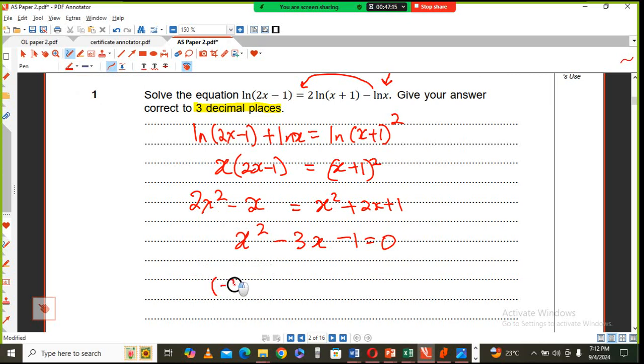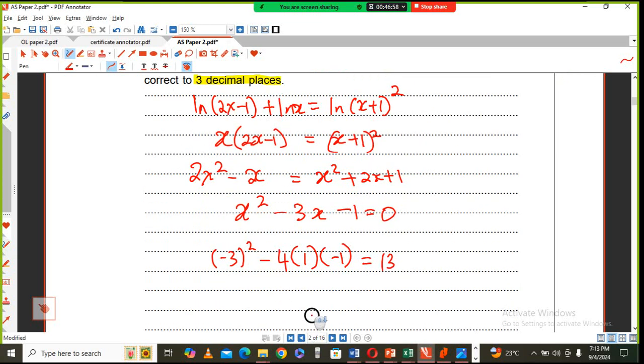So you have negative 3 squared minus 4 times a times c, just for me to know what my answer would be, right? So that's 9 plus 4, that's going to be 13. So under the quadratic formula, you have a positive 13, am I right?